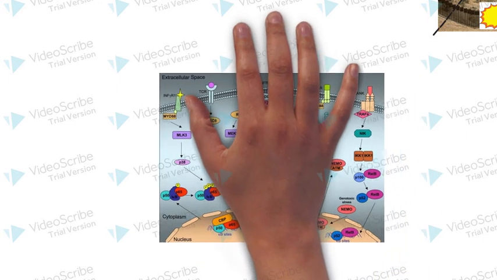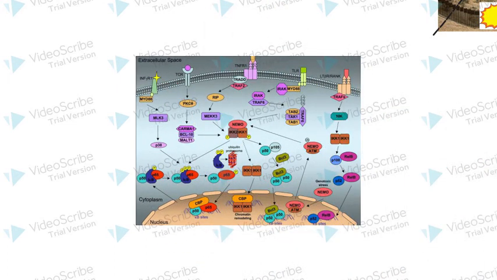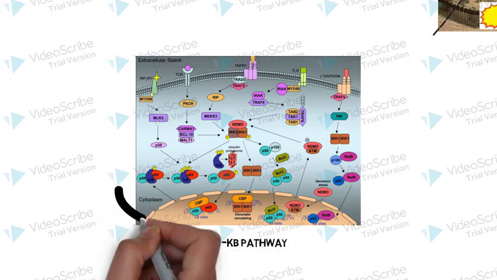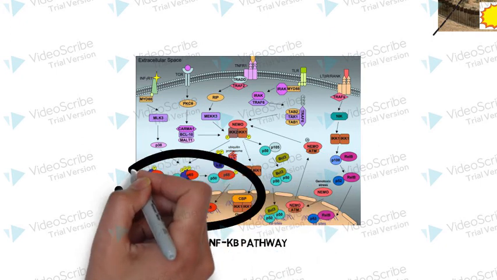So the pathway that we are going to be looking at is the NF-kB pathway. This pathway is important because it's implicated in the inflammatory response within the body, and when it's continuously activated, it will lead to muscular dystrophy.